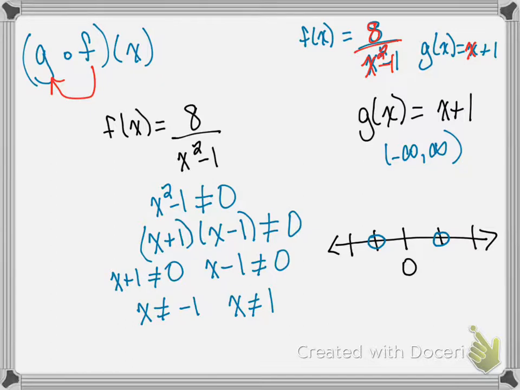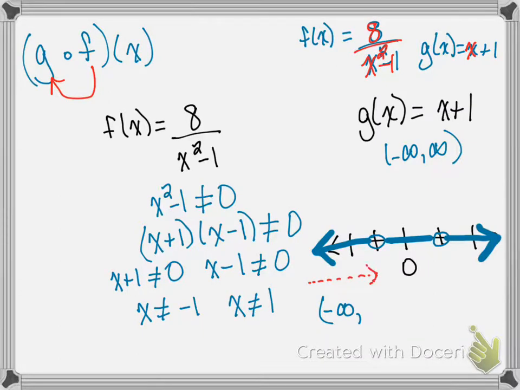So X can be all of this, and X can be all of this. The thing that students forget is it can also be any of this. So now I'm going to write that in interval notation. And that starts at negative infinity, and I am moving from left to right.